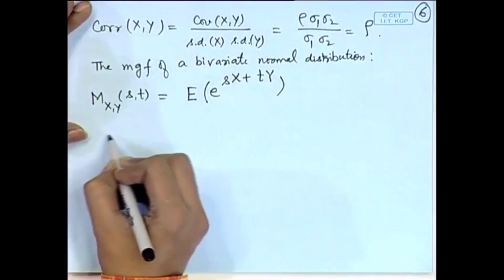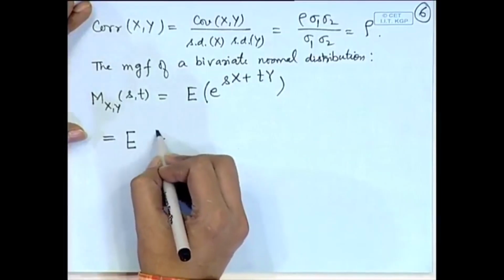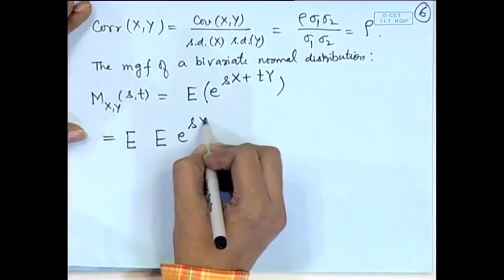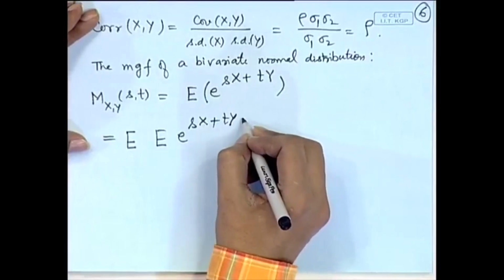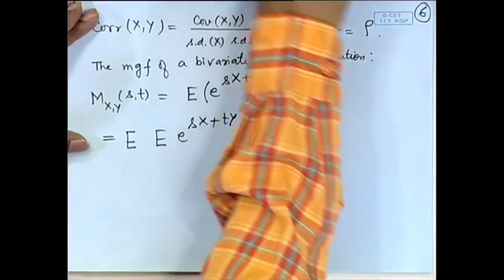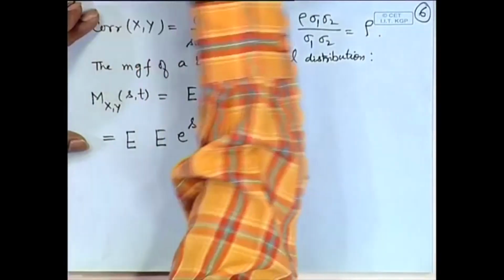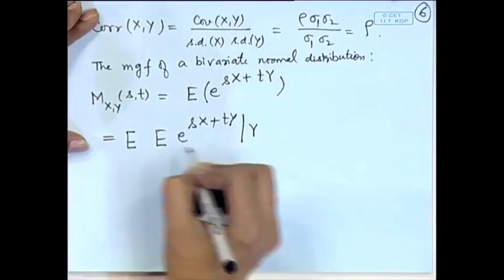So, we will use that. We can write it as the expectation of the expectation of e to the power (sX + tY) given Y. In the previous one we have done the calculation using the conditional distribution of X, so we can use the conditional distribution of Y here.